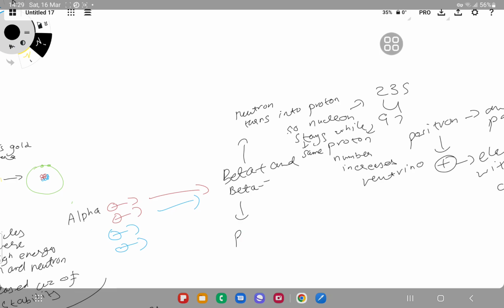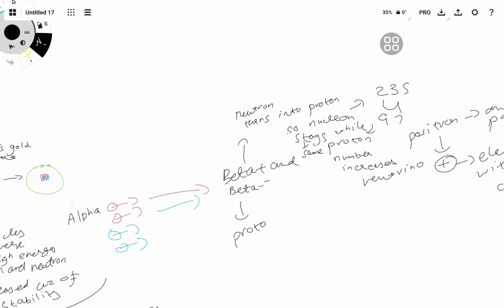For beta negative, a proton turns into a neutron, and a high energy electron is released as a beta negative particle.